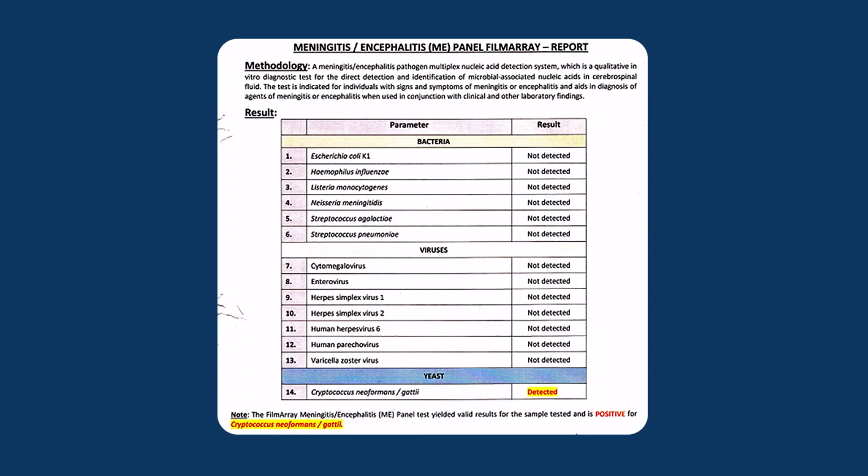These are especially useful where bacterial meningitis has been treated with antibiotics elsewhere, so you're not going to get positive cultures. Or in the case of viruses, for instance, herpes simplex is picked up both on a multiplex as well as a standalone PCR, and these tests are very useful, especially in the diagnosis of viral syndromes.